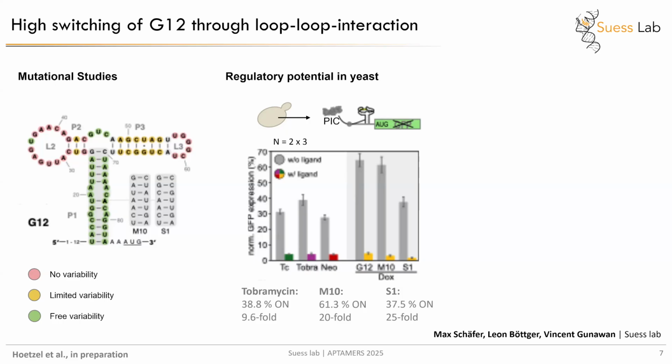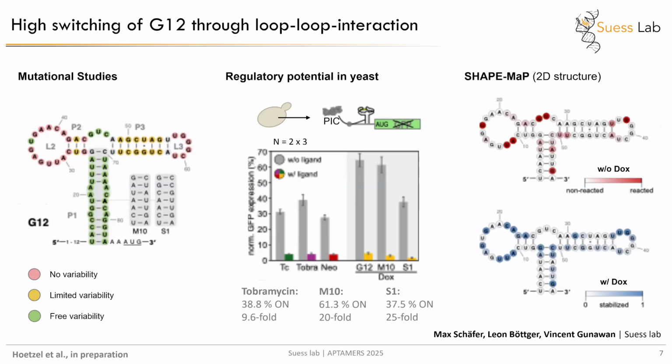this tells us that there is a great change in stability in this aptamer scenery. And we then thought, okay, we should have a look into the structure and perform a SHAPE-MaP to first probe the structure. So on the top, we have M10 in this case with doxycycline, without doxycycline, SHAPE-MaP reaction, and this confirms or supports the folding prediction with the highest reactivity in the junction, the L2 and the L3 region.